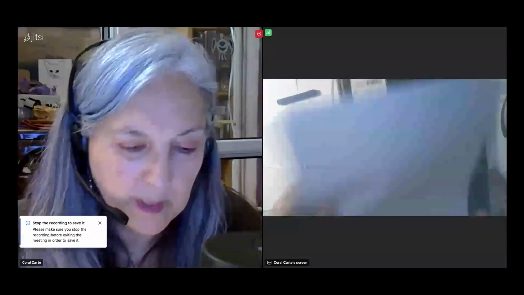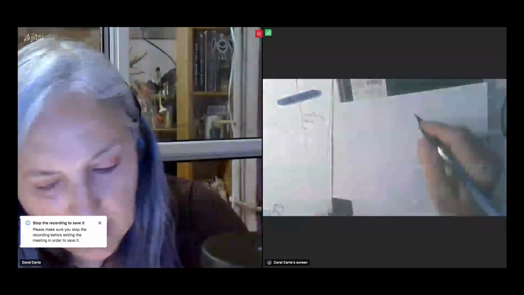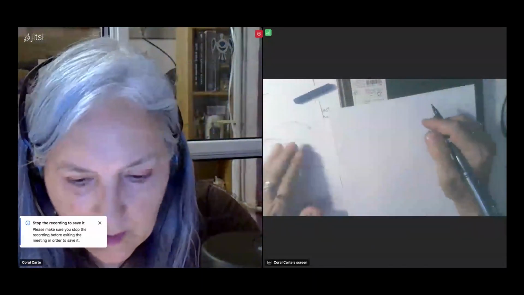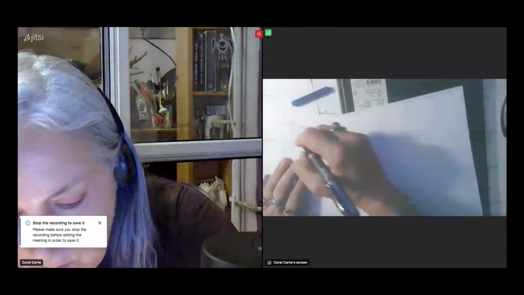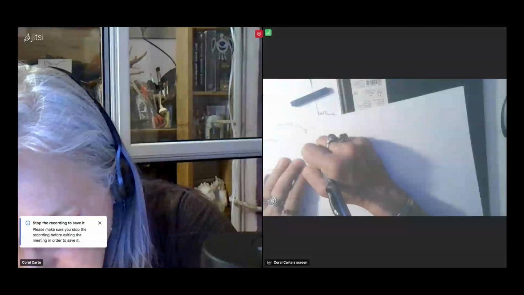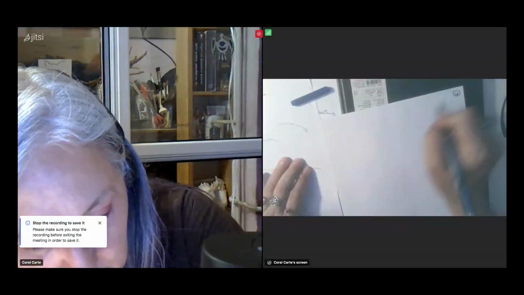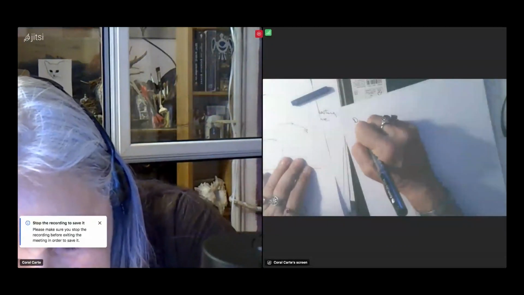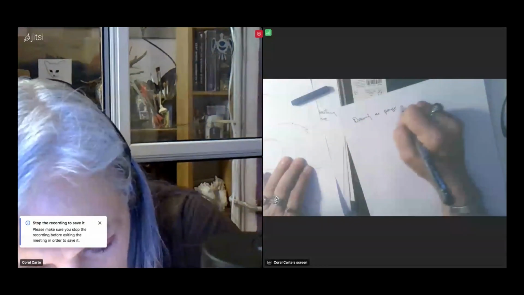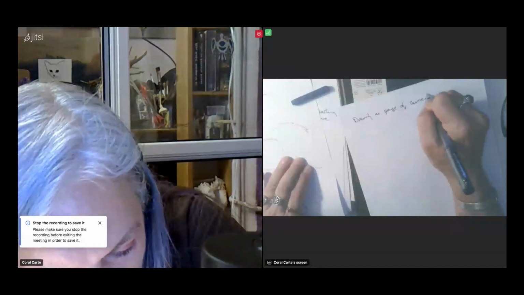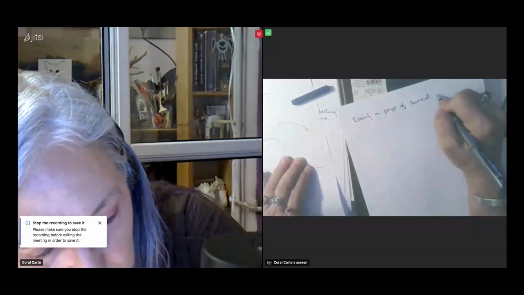Let's see what else we can get here. I'm going to go down to this floor here. So this drawing on page 3. Curved.